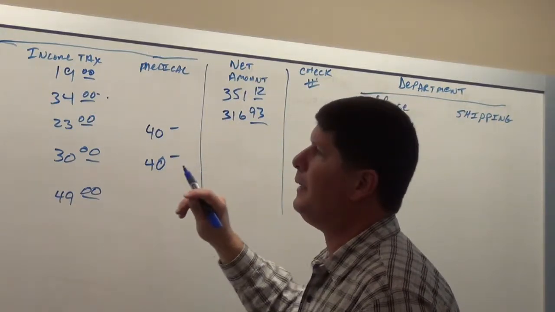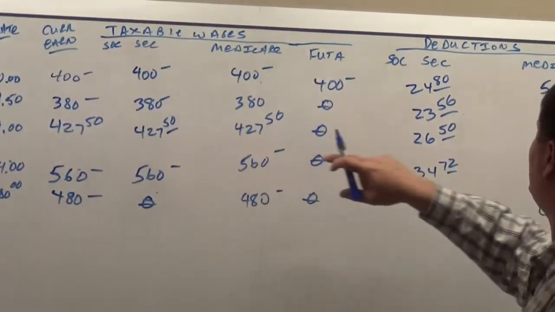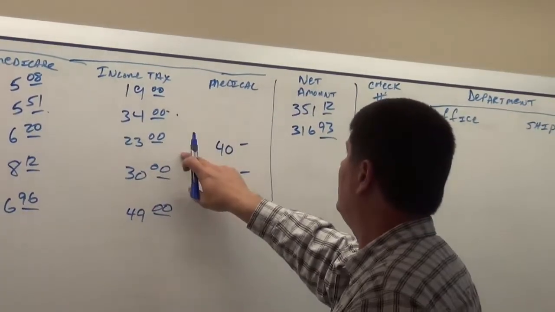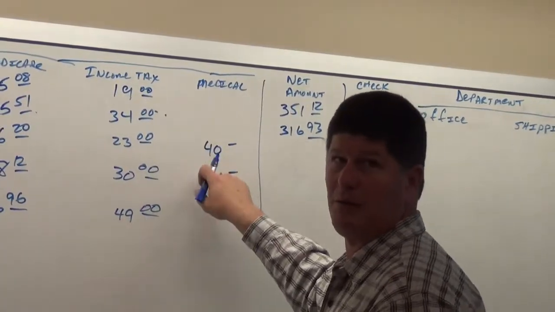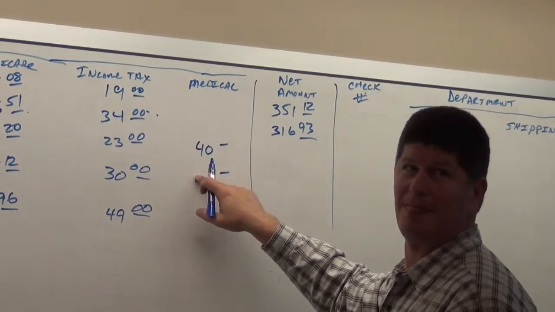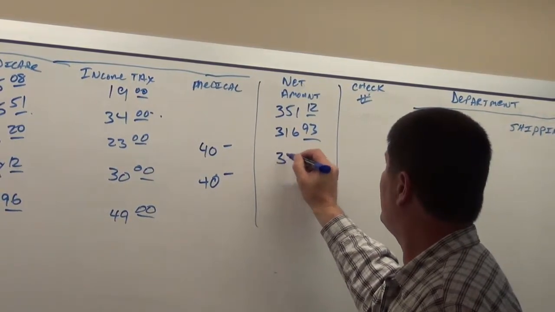Okay. Dunlap, 427.50 minus 26.50 minus 6.20 minus 23 minus 40. $331.80.